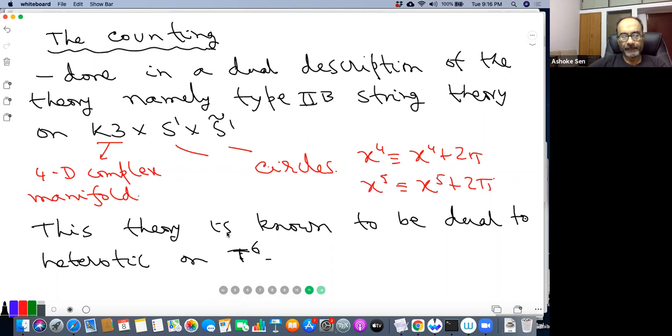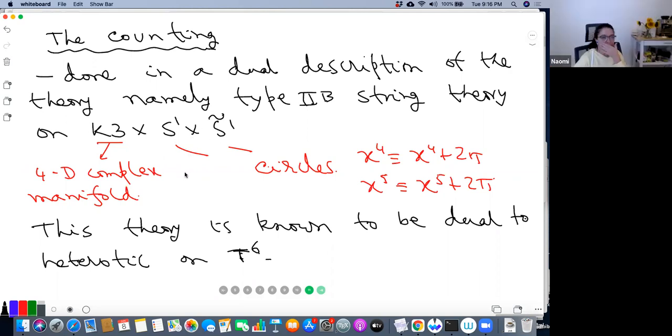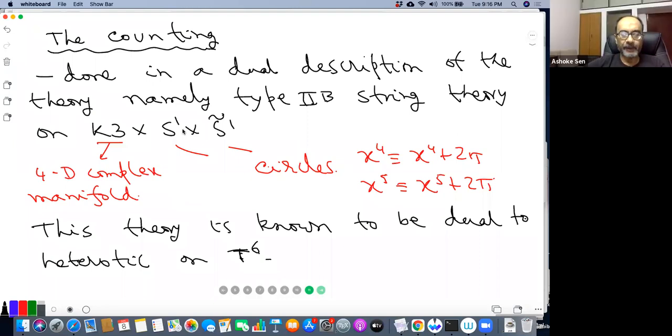Okay, for this theory, type 2b on K3 times S1 times S1 tilde. But of course, yes, go ahead, please. Can I ask a question? So then if the counting is easier to do in type 2b, why did we start in the first place in heterotic on T6? Oh, that's just because I didn't want to introduce the properties of K3. For example, to count the number of gauge fields and so on, it's easier to do in the heterotic theory.